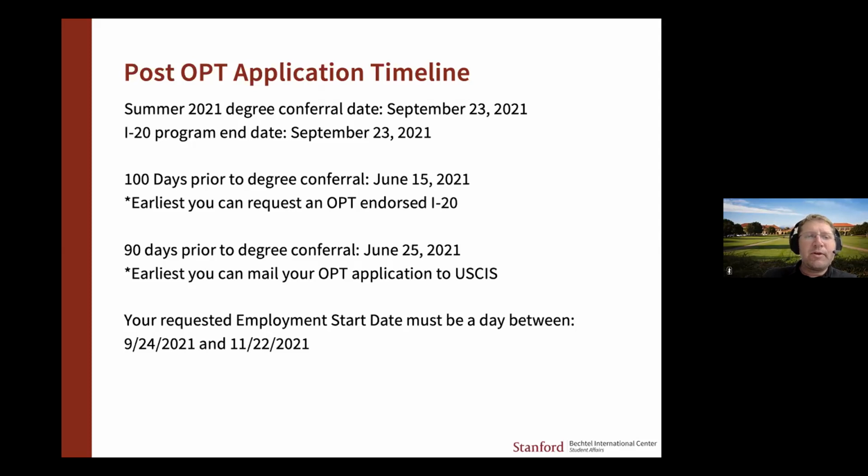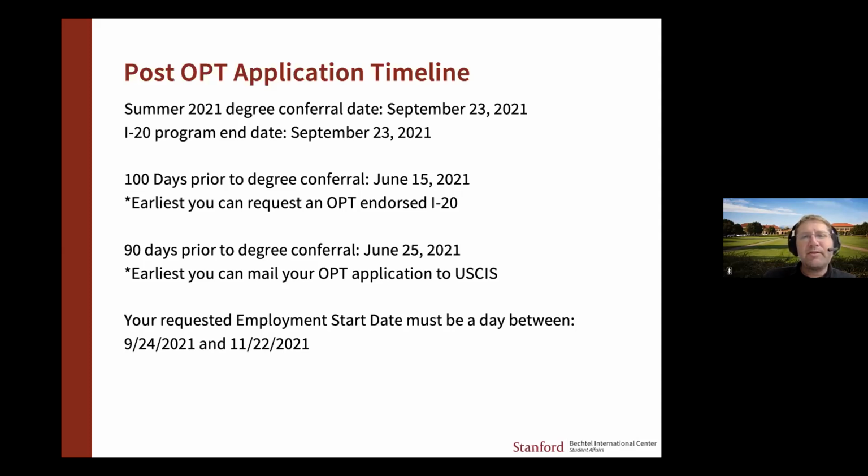So the earliest you could have started the post-OPT application process was yesterday. Yesterday was 100 days prior to your degree conferral date, June 15th. So starting yesterday and moving forward, you can use Bechtel Connect to request the OPT endorsement of your I-20, which you'll need for your application.